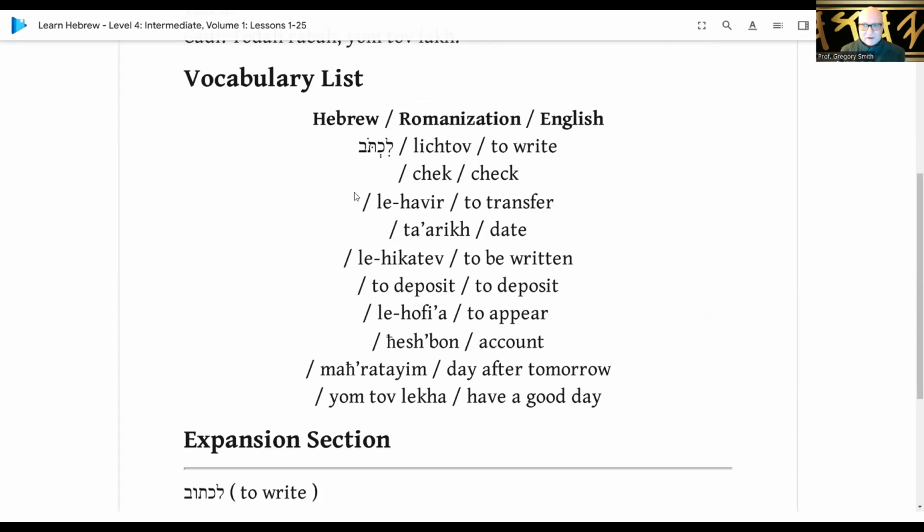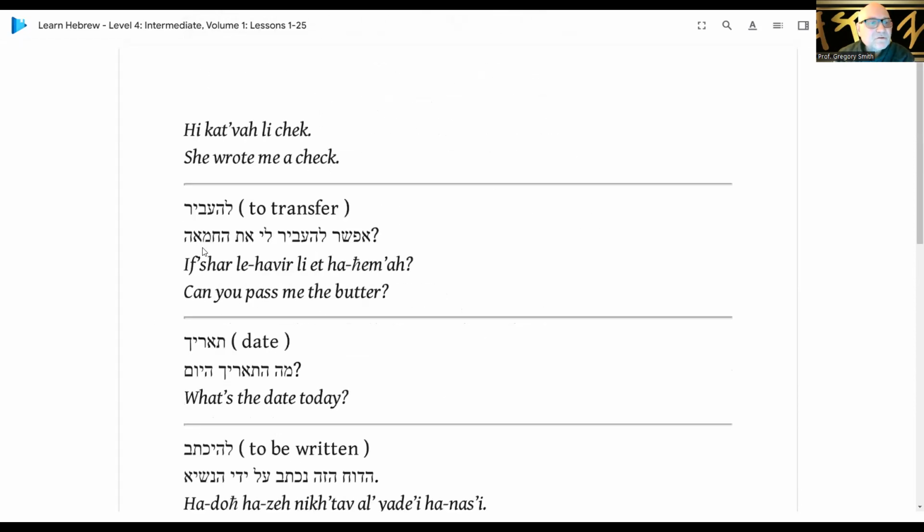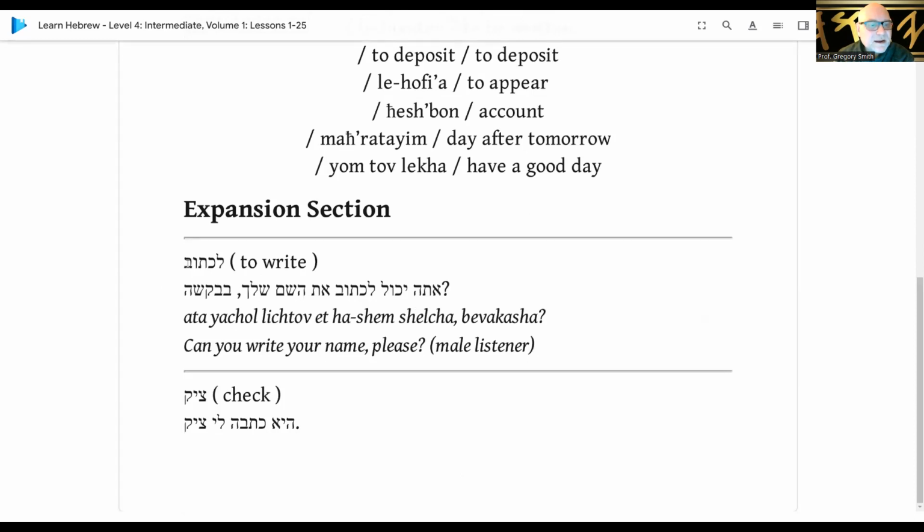It's very hard to get everything correct the first time around. All right, so let's go on down here. We've got this one, liktov, to write. Now we're going to break down all of these words and find out how else they're used.